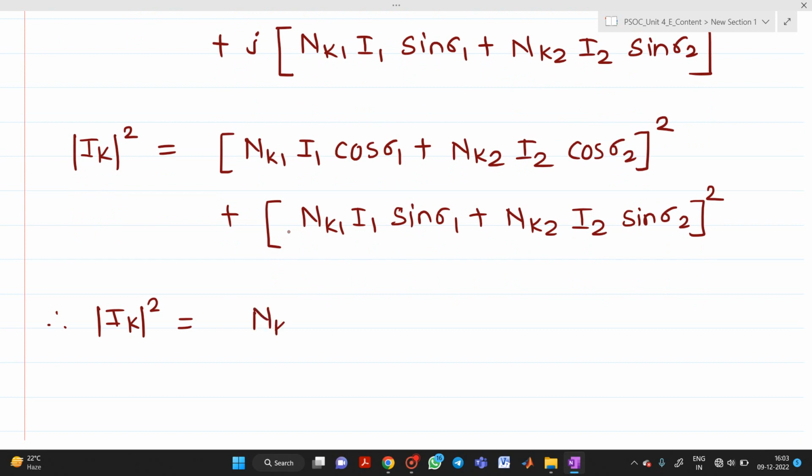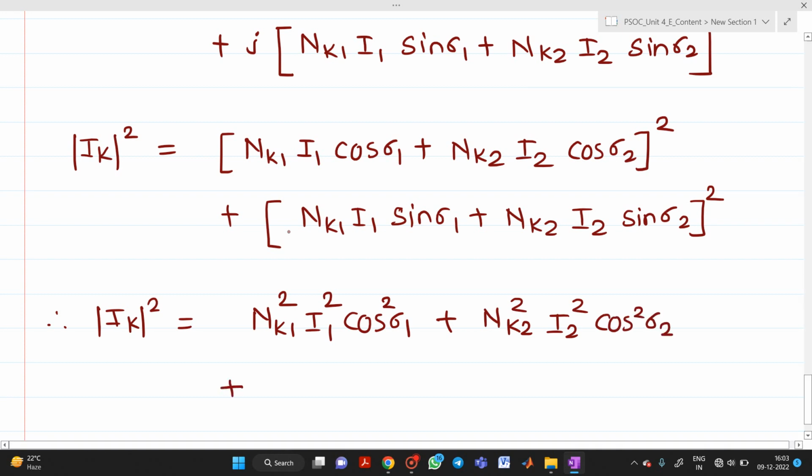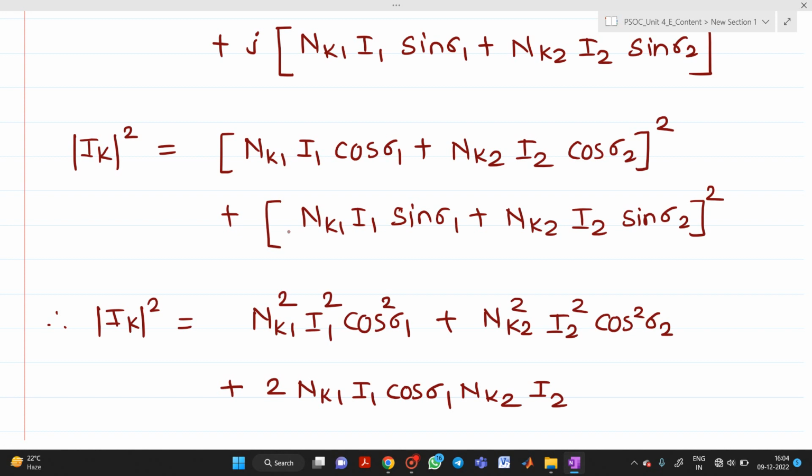So it will be nk1 I1 cos sigma 1, so I can write nk1 square I1 square cos square sigma 1 plus nk2 square I2 square cos square sigma 2 plus 2 into nk1 into I1 into cos sigma 1 into nk2 into I2 into cos sigma 2.